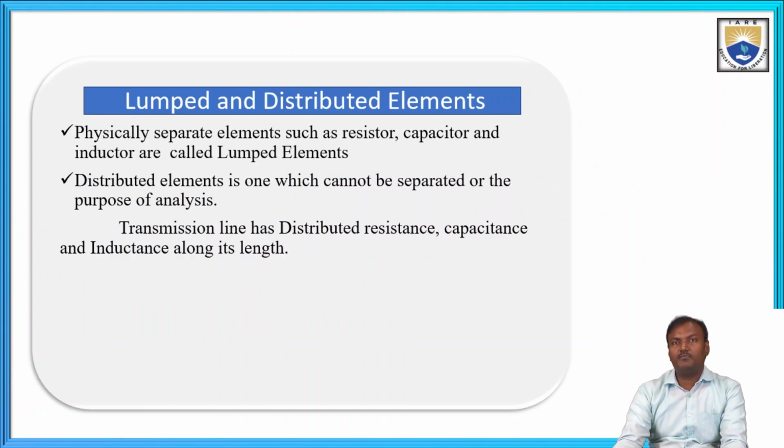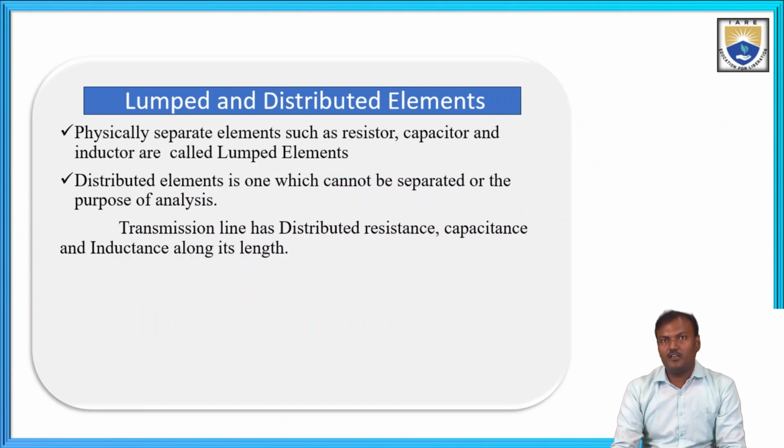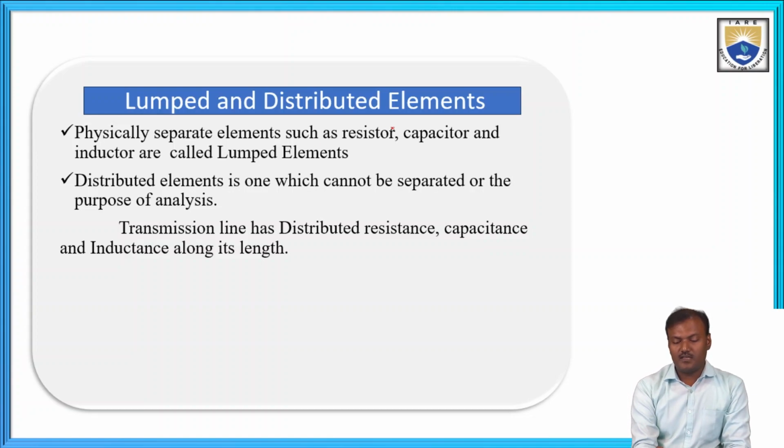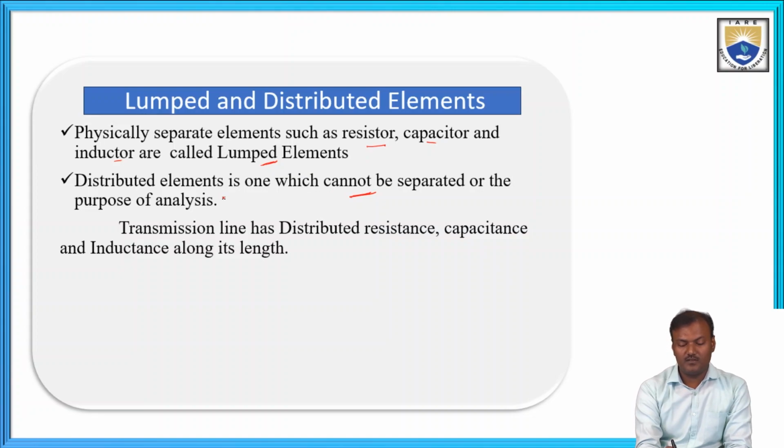Next one is lumped and distributed elements. Physically separable elements such as resistor, capacitor, and inductor are called lumped elements. Distributed elements are ones which cannot be separated for the purpose of analysis. Analysis here means mathematical analysis.